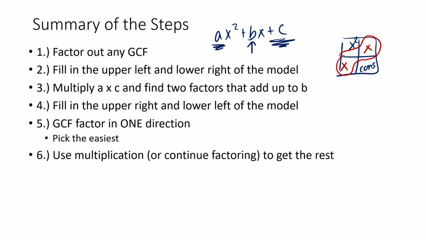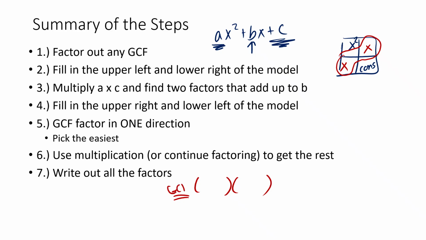And then use multiplication, or if you really want to continue factoring, you can, but most students do prefer to use multiplication to get the rest. It's a huge advantage to this system because you just have to do one little GCF factoring. And then make sure that you write out all the factors. So make sure that your final answer does look something like this. If you have a GCF, it'll go out front.